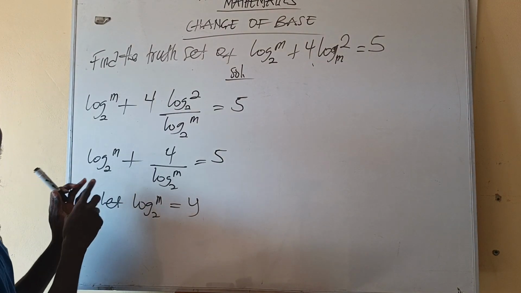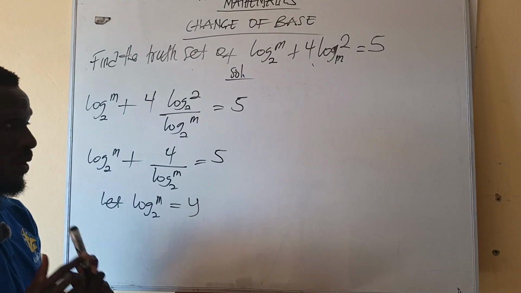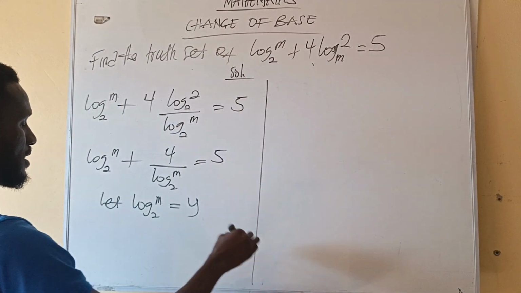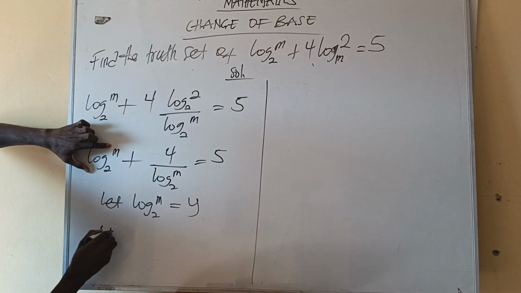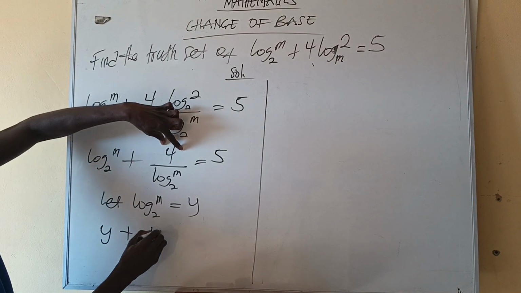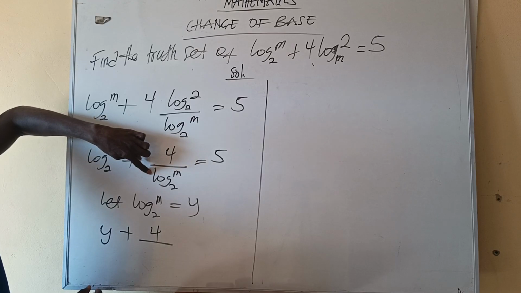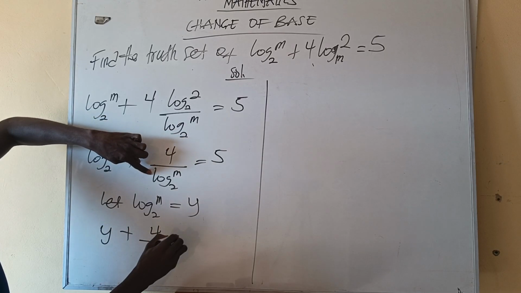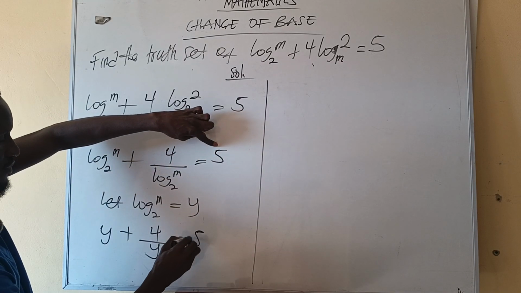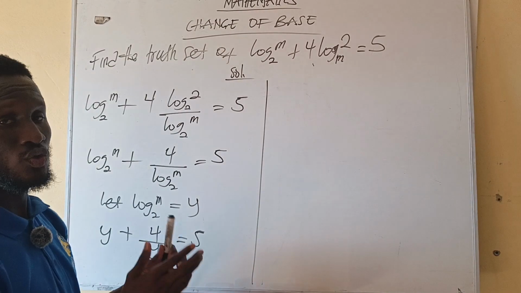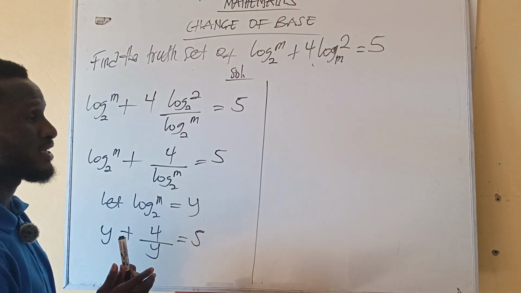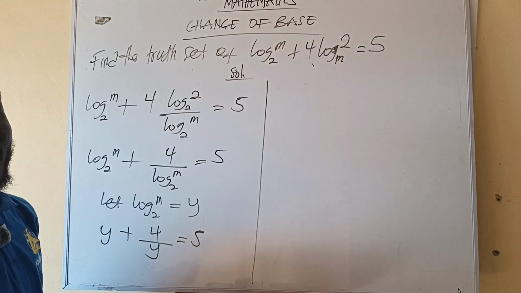Where you see log m base 2 in this equation, you put y there. So it is y plus 4 divided by y equal to 5. I want to solve for the value of y, and after solving for y, I will use y to solve for m.